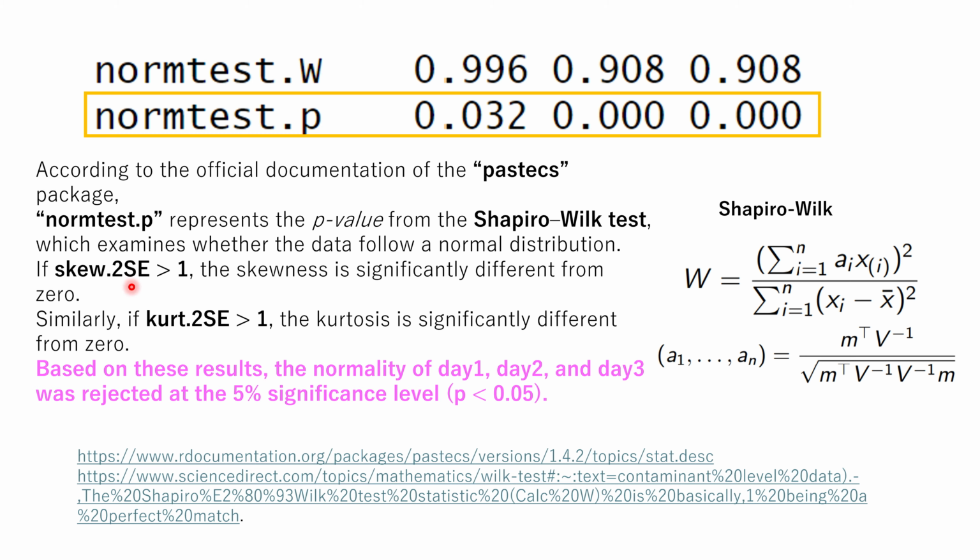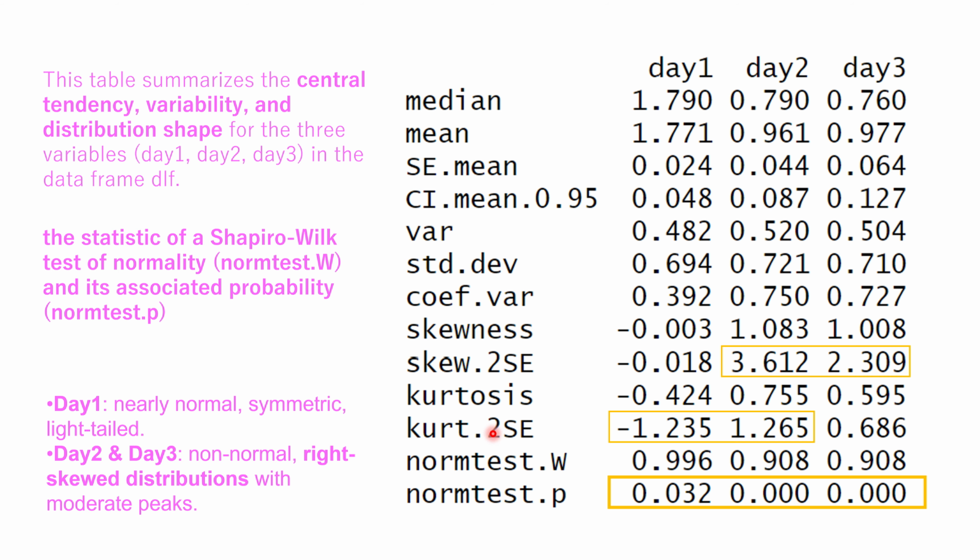If the skewness divided by its standard error is bigger than 1, the skewness is significantly different from 0. Kurtosis is the same. In the kurtosis context, day 1 is also problematic, but in the skewness context, day 2 and day 3 are larger problems.